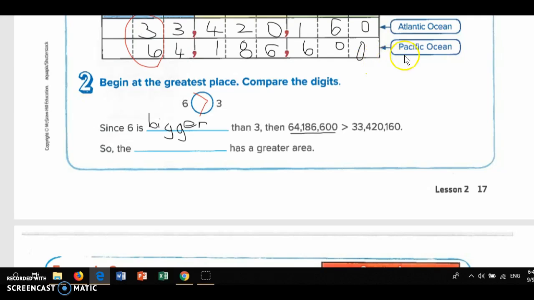So the Pacific Ocean has a greater area. So the Pacific Ocean is the biggest area.